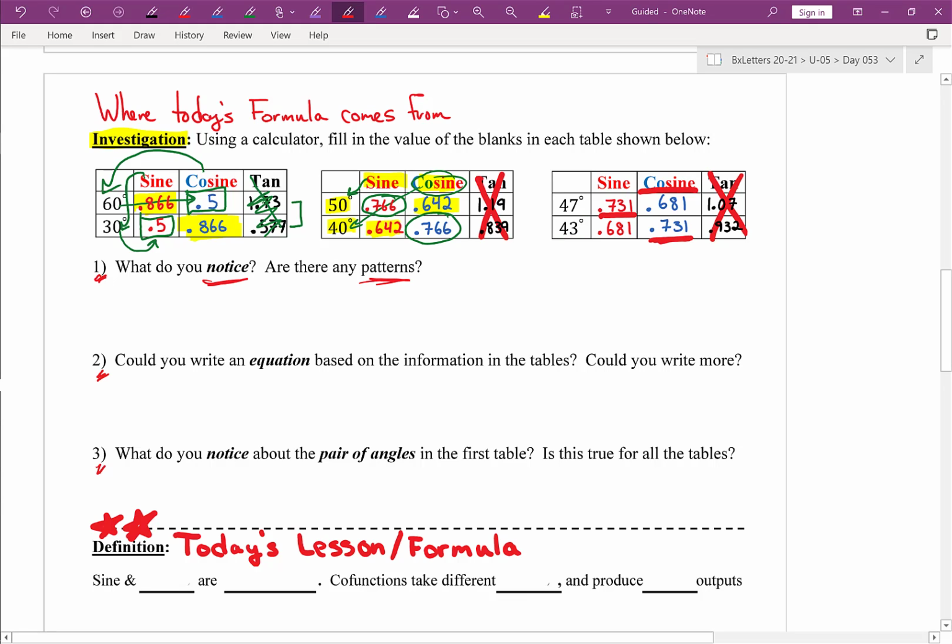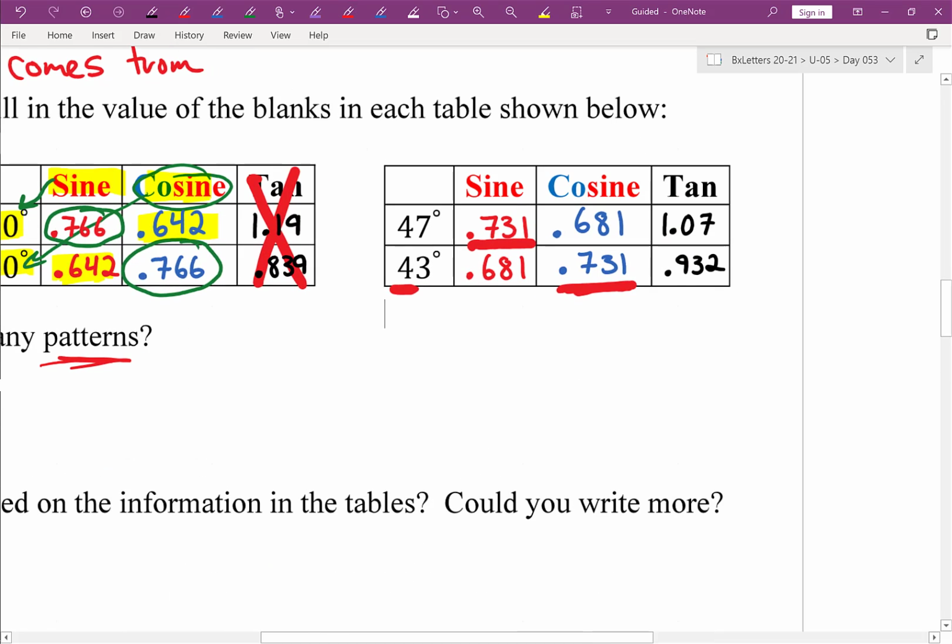You could instead do the sine of the bottom, the sine of 43. That will have to be the same as the cosine of the other angle. And that's where we want to bring this back to where we started our lesson. This word is sine, it's the function, and notice that cosine, it's sine, but it's got a co in front of it.